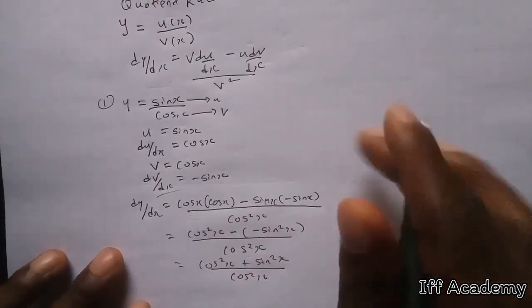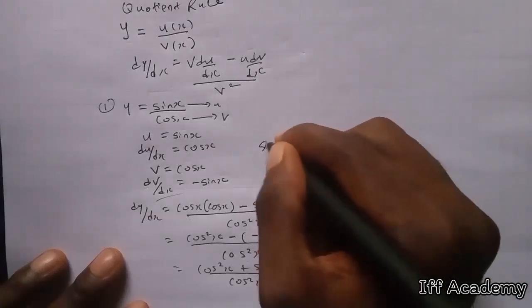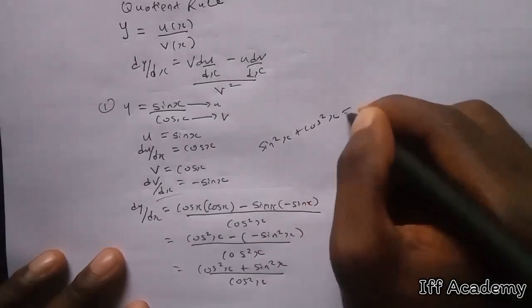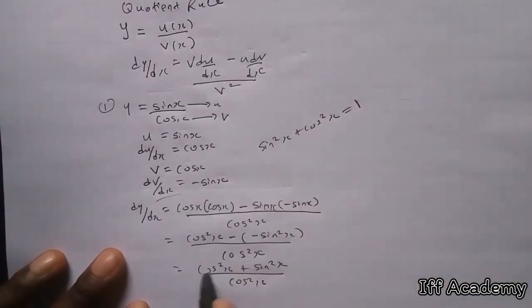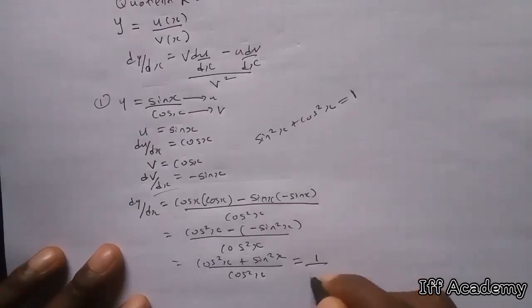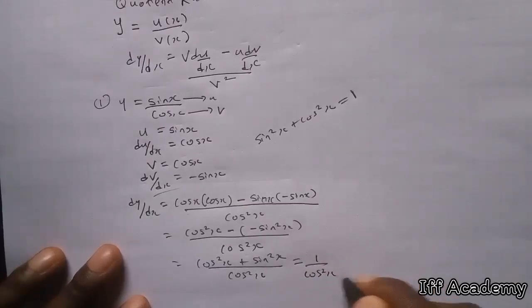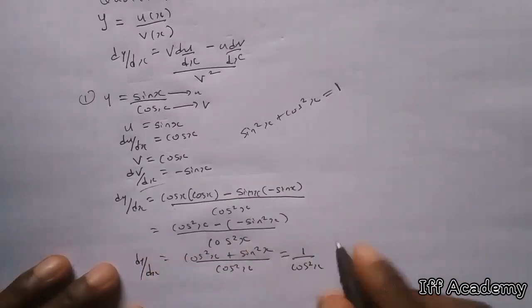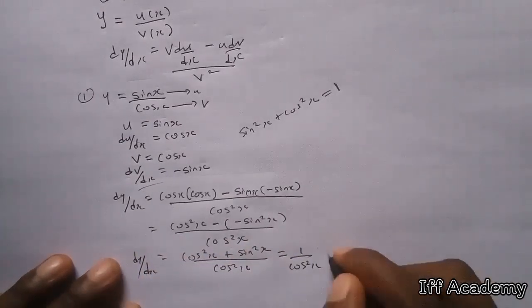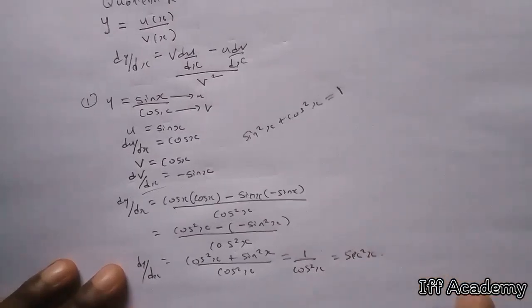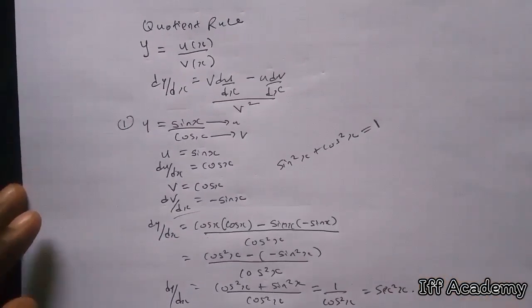Now remember that sine squared x plus cos squared x is equal to 1, right? So it means that this part becomes 1. So this is going to be equal to 1 over cos squared x. So your dy over dx is 1 over cos squared x, or simply sec squared x. So let's look at another example.